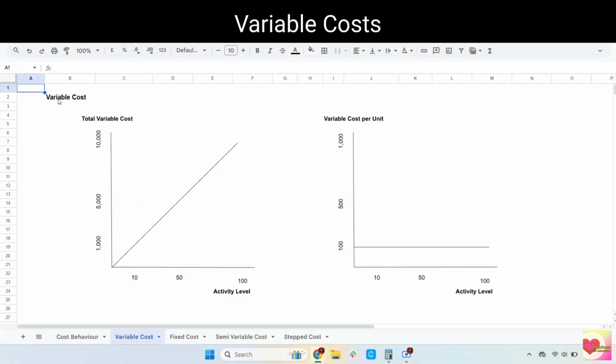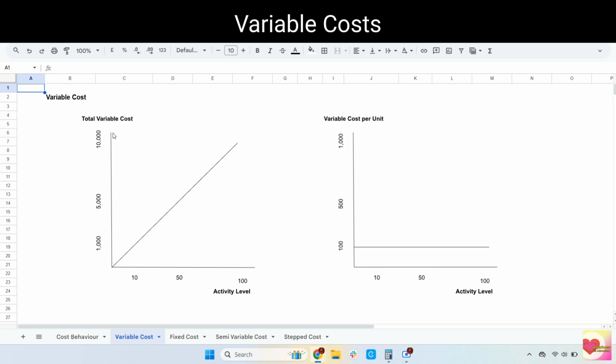First, variable costs. We can see here two graphs. The first one is the total variable costs compared to the activity level. And the second one is the variable cost per unit compared to the activity level. Let's analyze the first graph first.